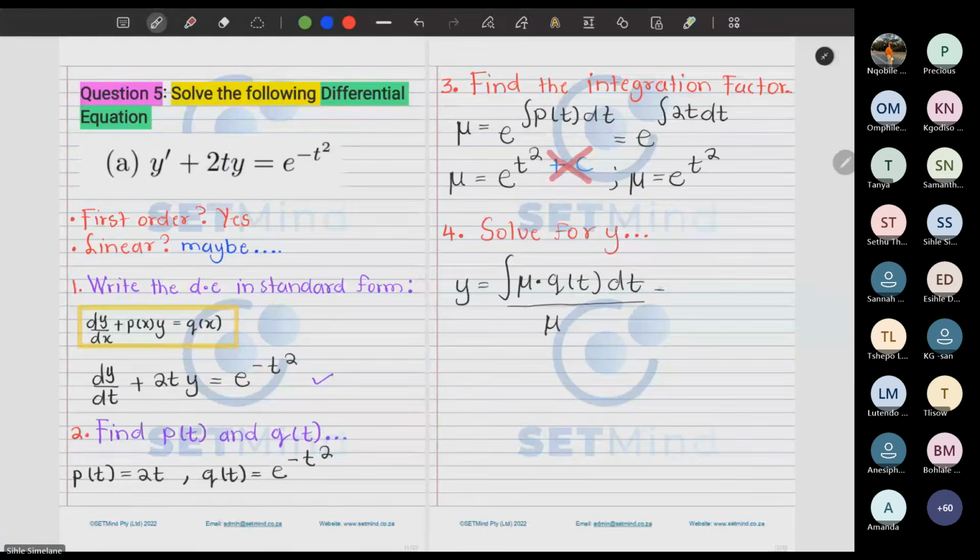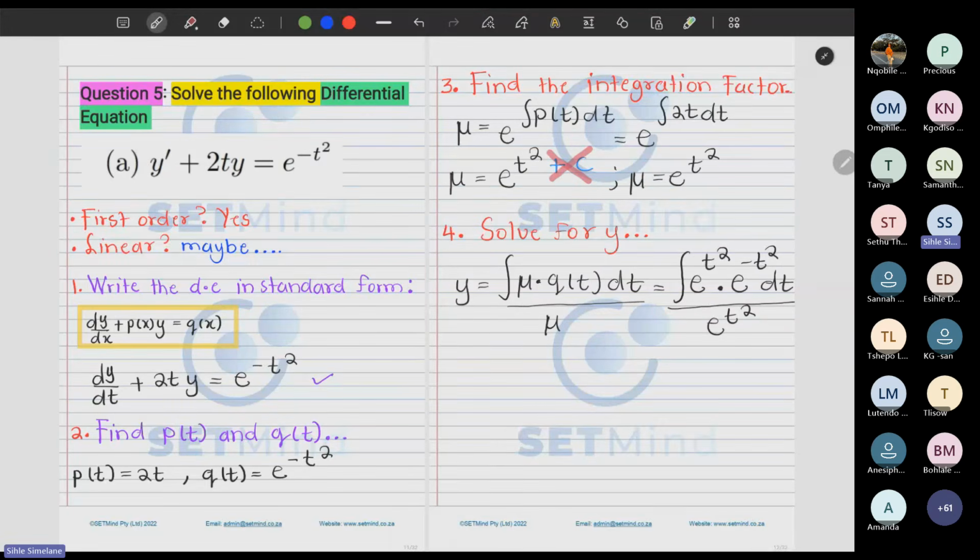So this will be the integral of e to the t squared, and we know that our q of t is e to the negative t squared dt, and we are dividing all of this by e to the t squared.